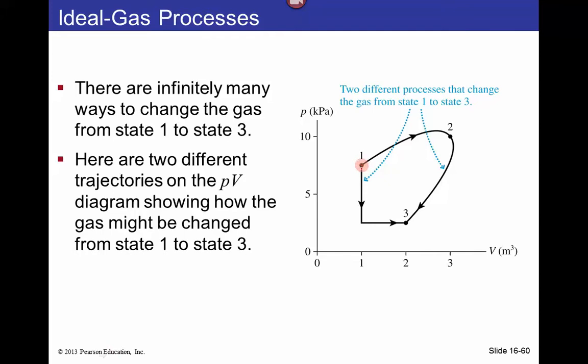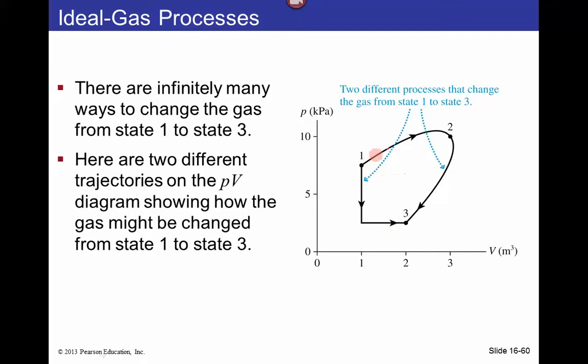Suppose that I want to go from 1 to 3. Well, I can go by lowering the pressure at constant volume, without changing the volume, and then by increasing the volume without changing the pressure, and I get to 3.